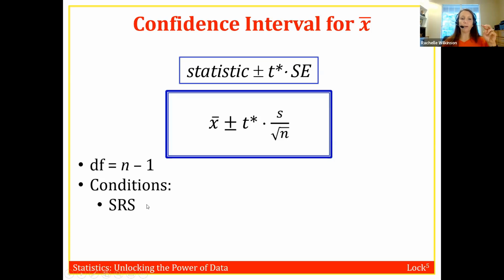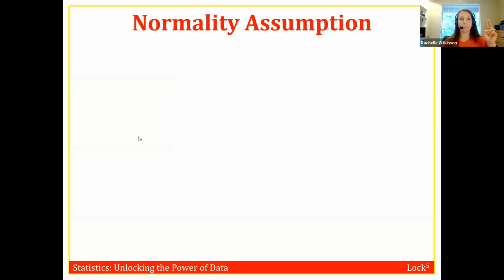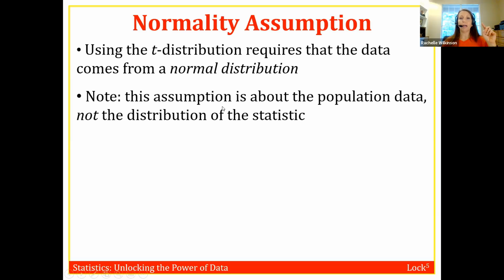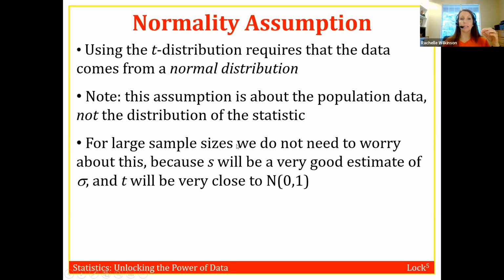The one that we're really going to focus on in our class is the second condition. So here's a little background on the second condition. When we use the t-distribution, it requires that the data comes from a normal distribution. And this assumption is about the population data, not the distribution of the sample statistic.